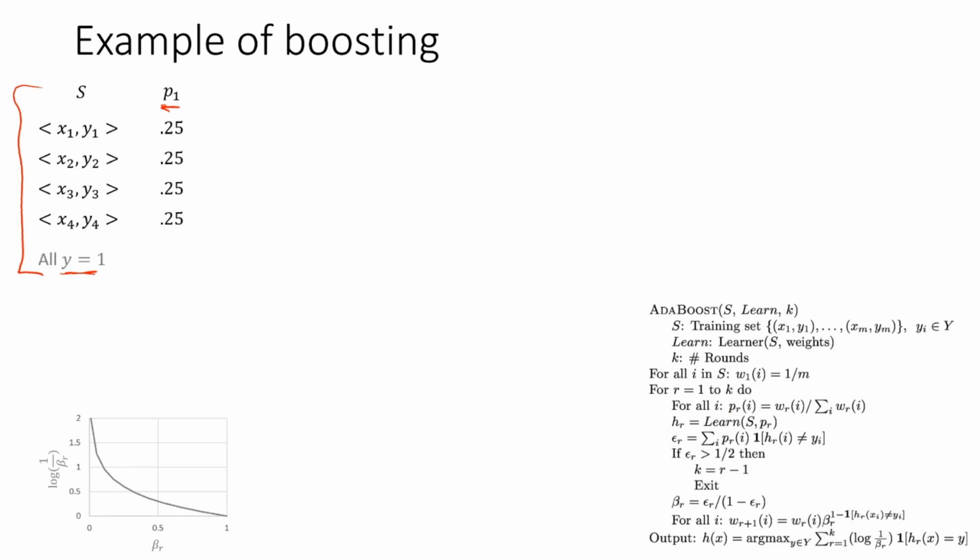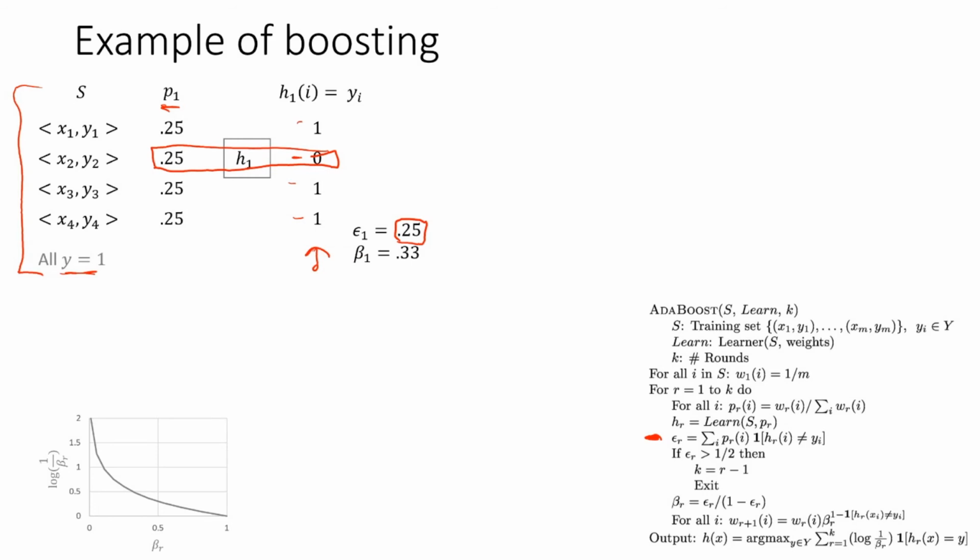Now the next step is to learn the model, h1. Now we see what the model predicts and add up its error. If these are the predictions of the model, then the error is 0.25, because 3 of them are right, 1 of them is wrong, and the sample mass of the one that's wrong is 0.25.